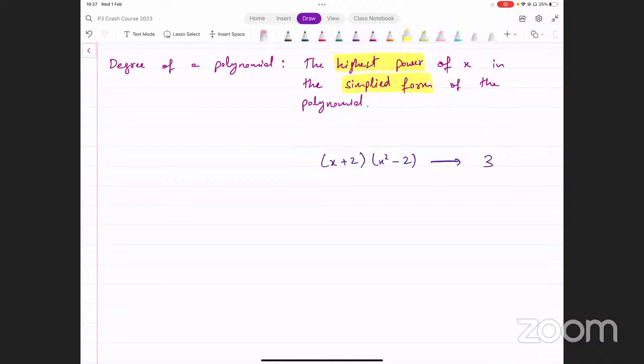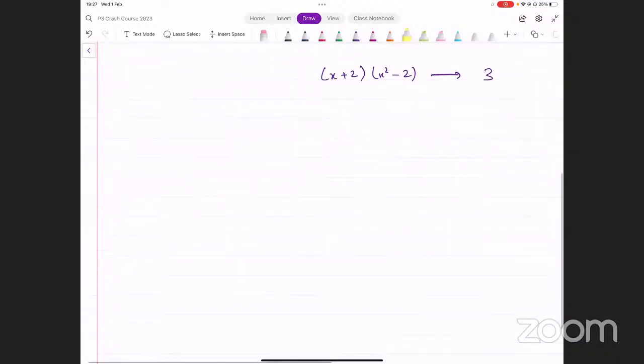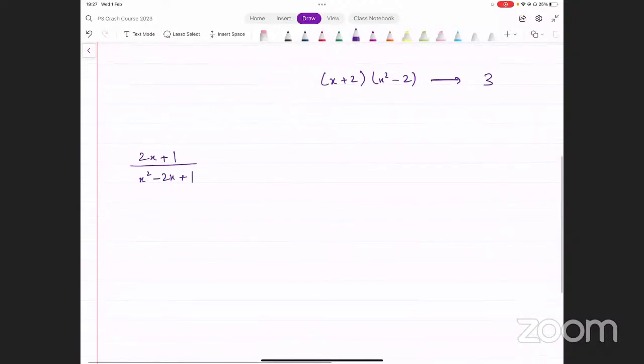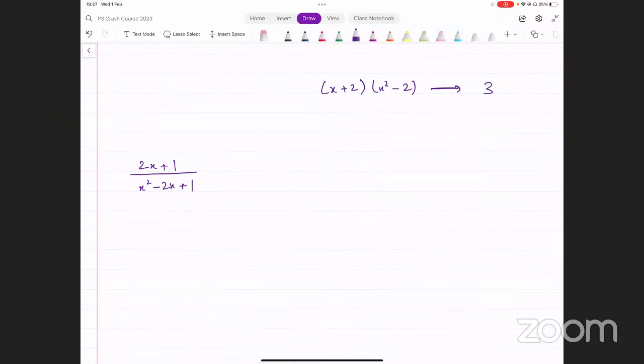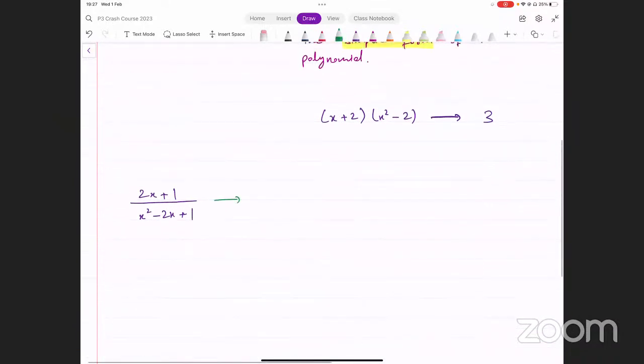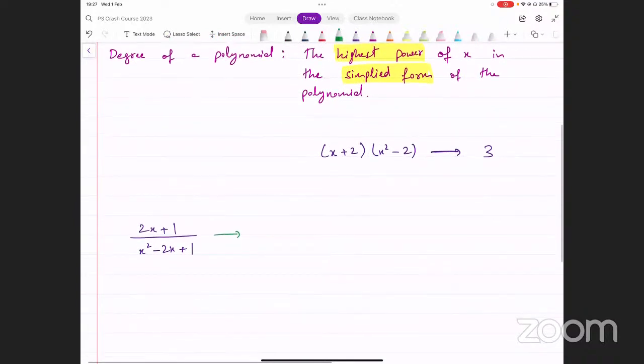Okay, that's what degree is. Now, degree is going to be used to figure out whether a fraction is a proper fraction or an improper fraction. If you have, for instance, a fraction like (2x + 1) divided by (x squared minus 2x + 1), look at the degree of the numerator. What's the highest power in the numerator?